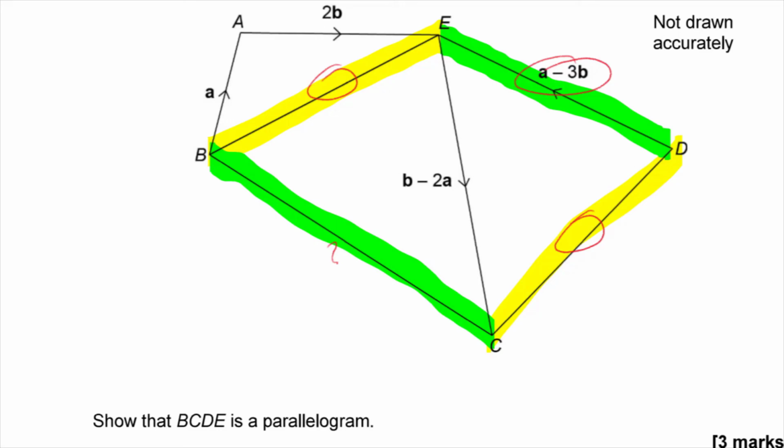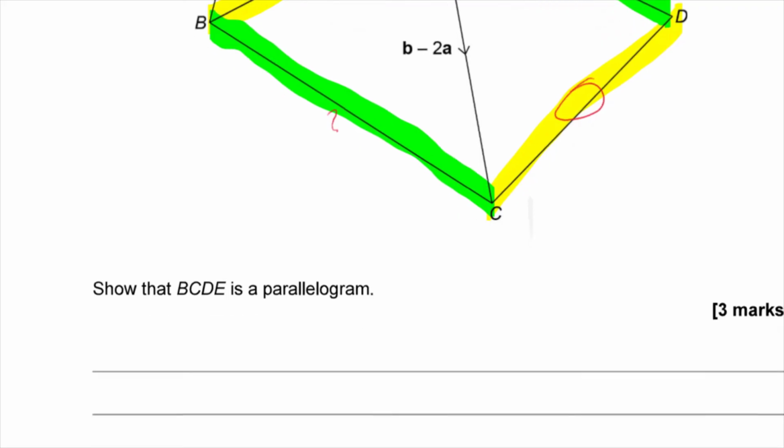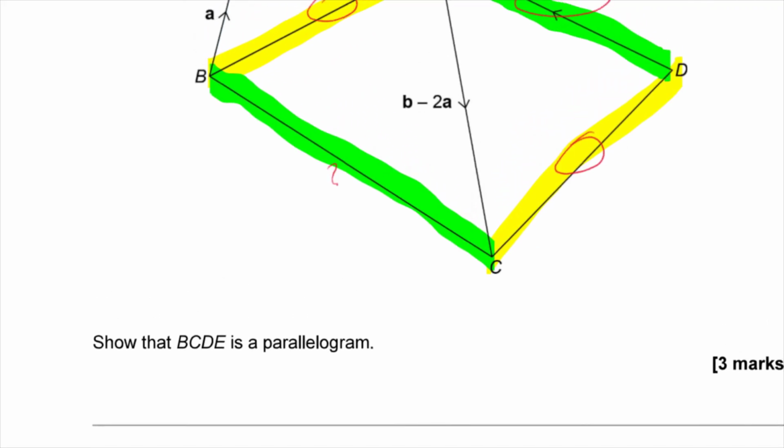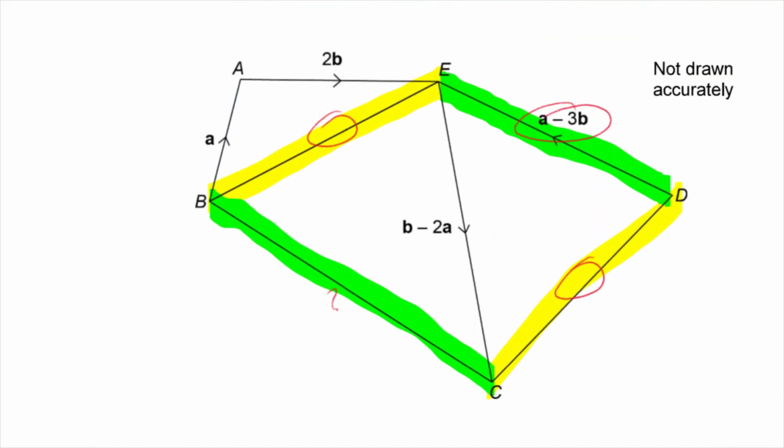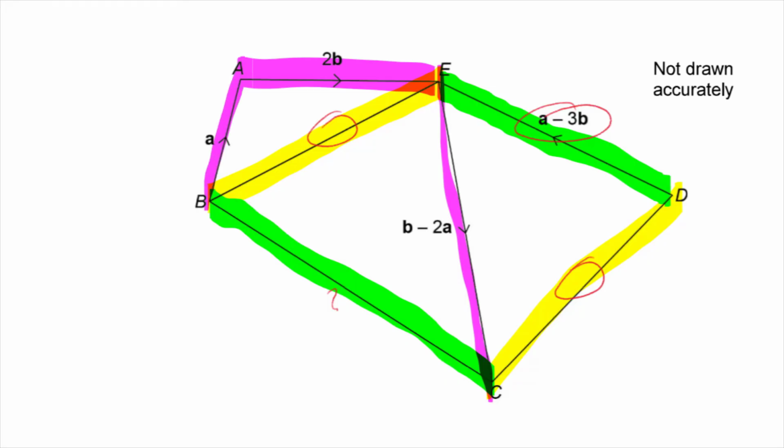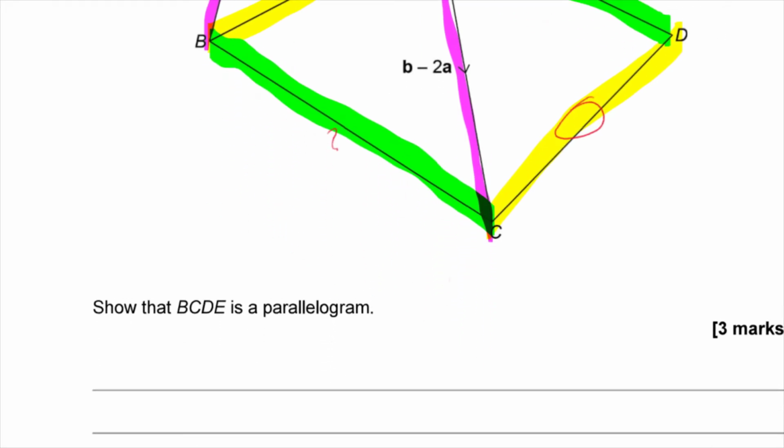So let's start with DE because I've been given that one. DE should be identical to CB. So here's C and there's B. Now can I get from C to B along routes that I know about? I can go along here, and here, and here. Now they're going against the arrows, but that doesn't matter.